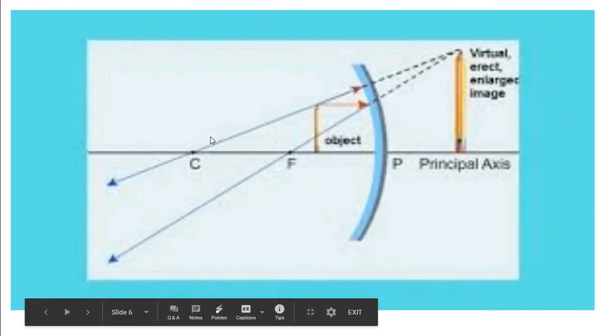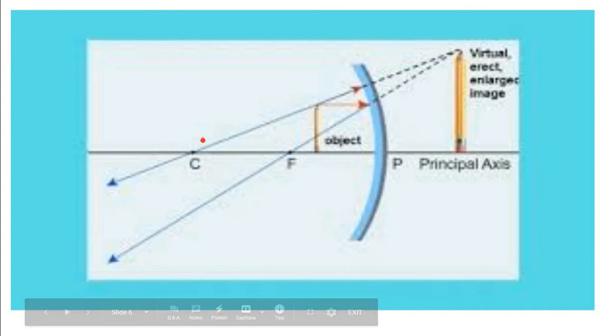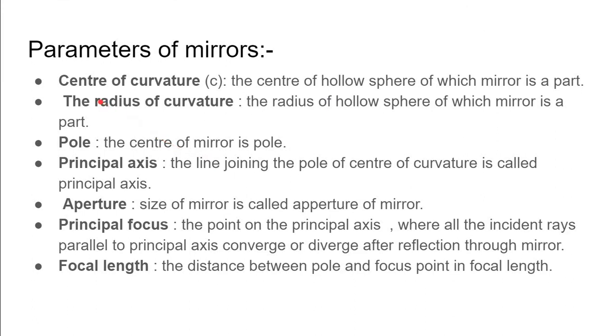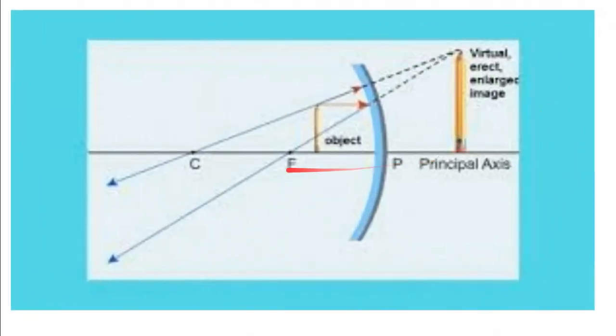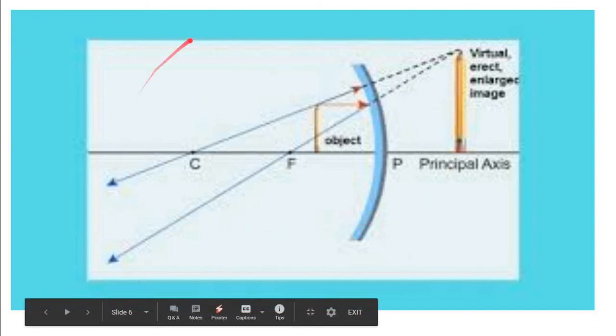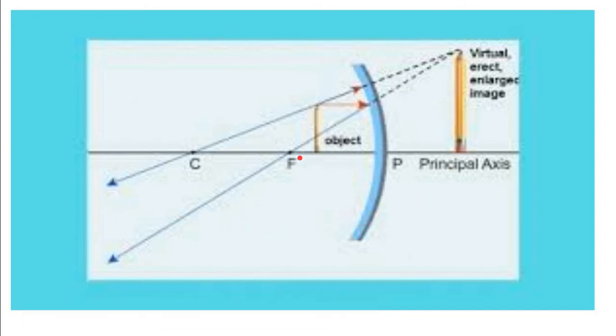The center of curvature is the center of that hollow sphere. And the radius of curvature is the radius of the hollow sphere of which the mirror is a part.